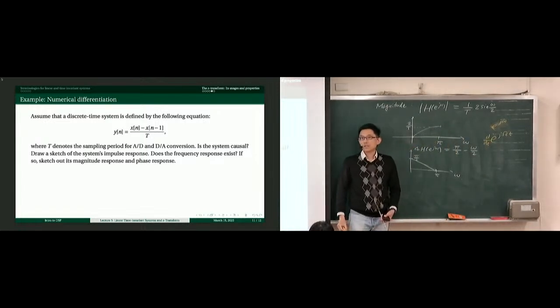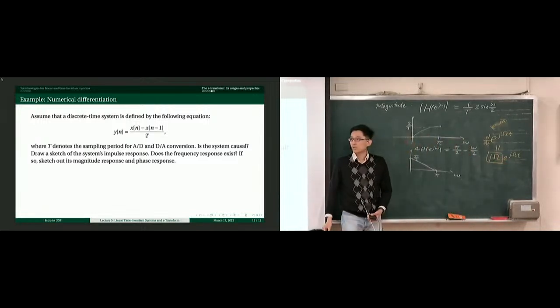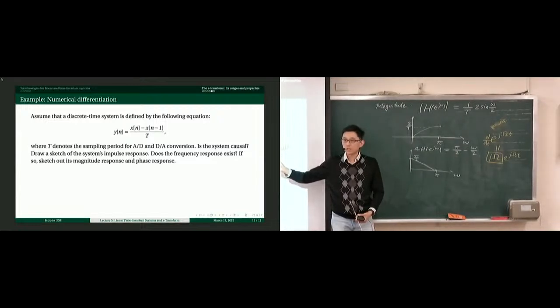The gain. Differentiation enhances high frequency, 高频的部分被增强. There's enhancement of high frequency when we take the time derivative, right? So the gain should be proportional to the frequency if we want to numerically approximate differentiation.